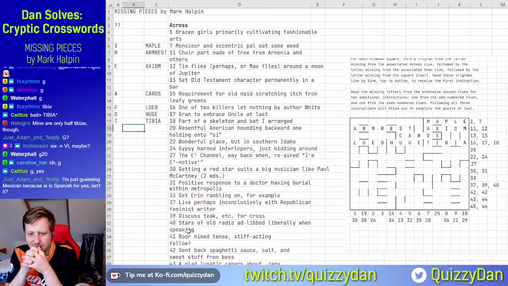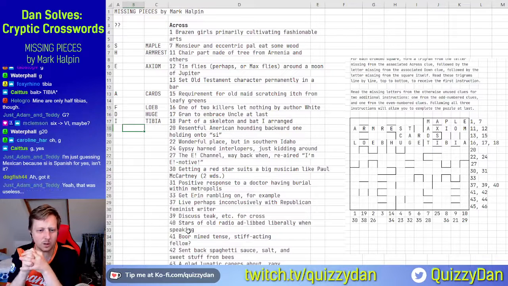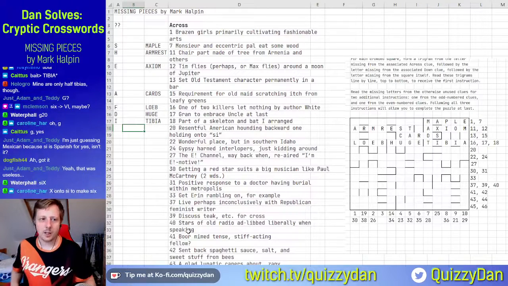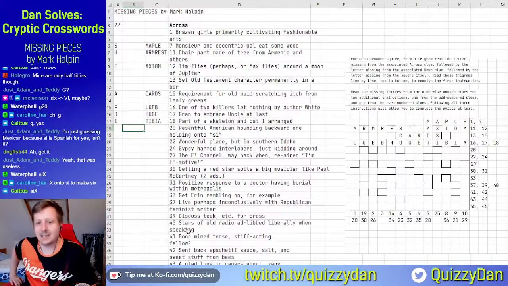The C is indeed yes, but the rest of it doesn't quite work. Waterfall and anyone who's got it, what do you think? What changes into what? Let's simplify. If I was in the cube, I'd be using a simplify on this clue. So it is X into 6.